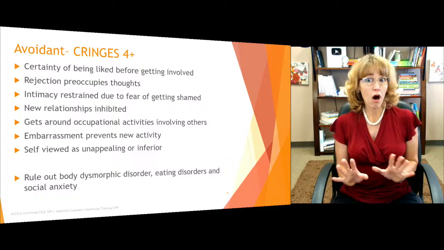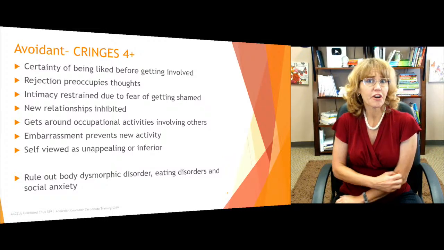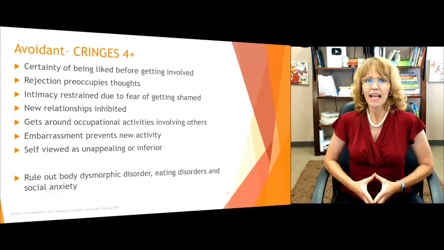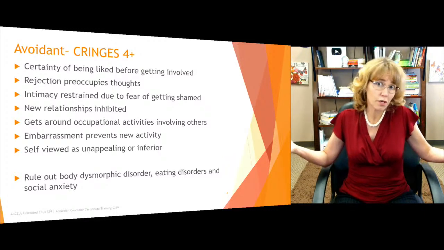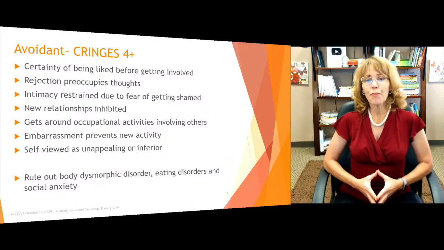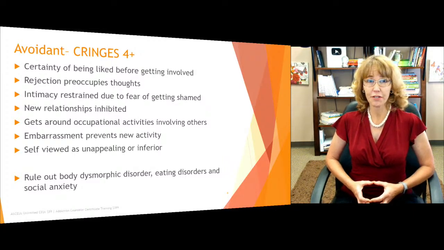They're going to keep that wall up for quite a while because it may be very, very threatening. Gets around occupational activities involving others, so they like to work independently. Embarrassment prevents new activity, and self is viewed as unappealing or inferior.